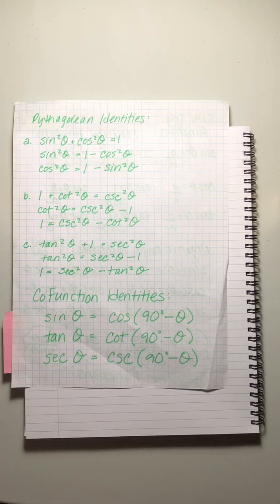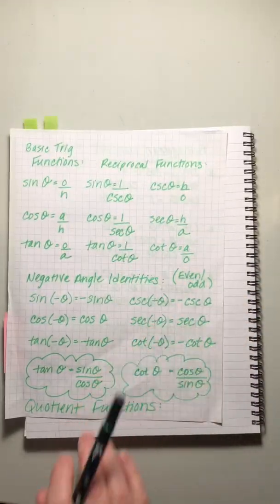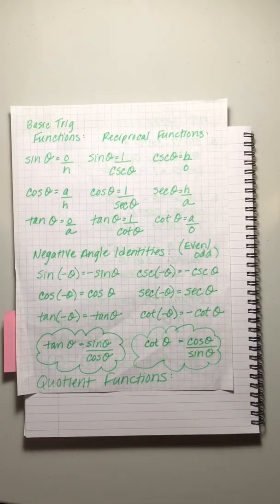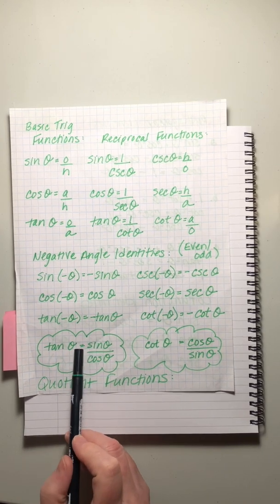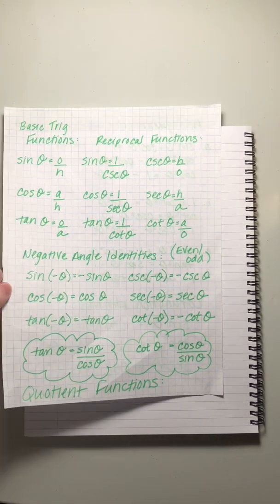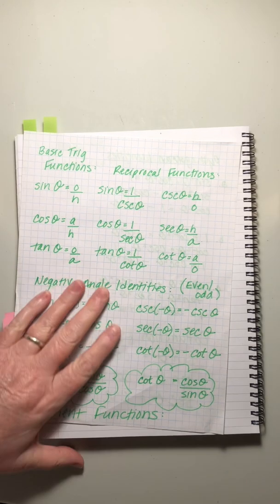We're going to be using Pythagoreans, reciprocals, and what we call our quotient functions as well, especially this one. So you won't need the sum and difference ones, which I have on a different page, so grab one but not the other. In any case, keep this at the ready because we're going to need it in just a minute.